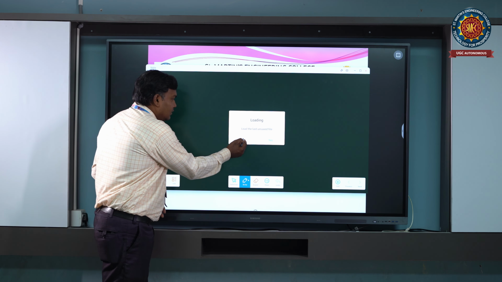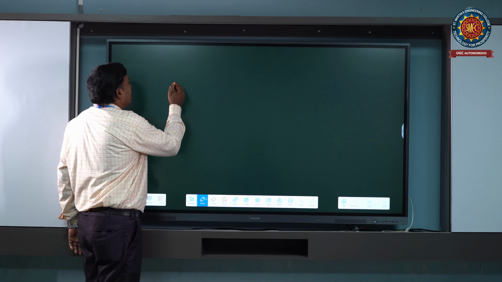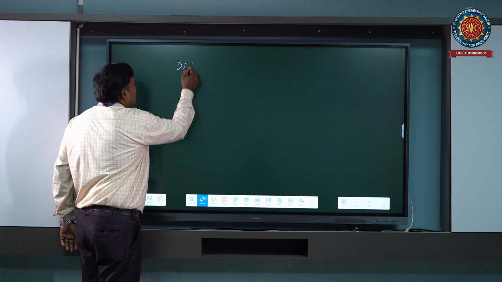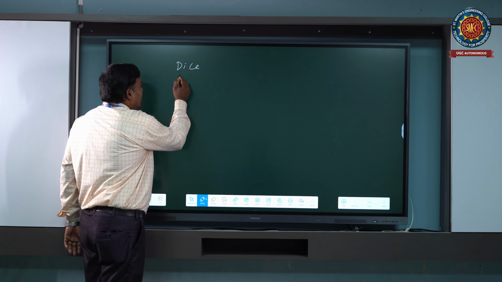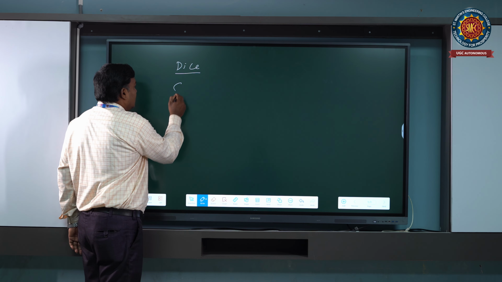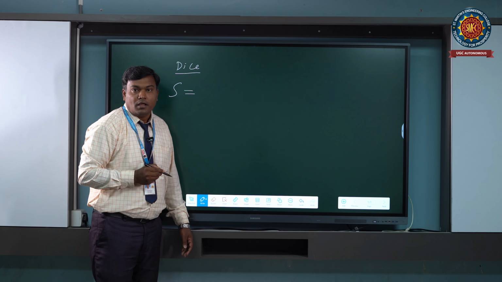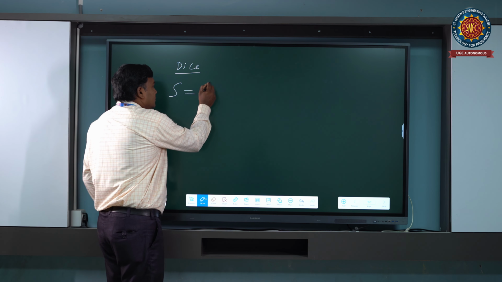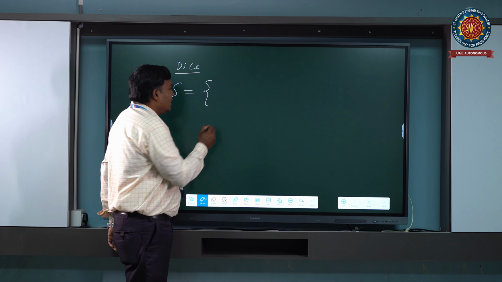So if you throw a dice, a dice will have 6 faces, right? These outcomes are represented by capital S, the sample space. These are represented in the form of a set.